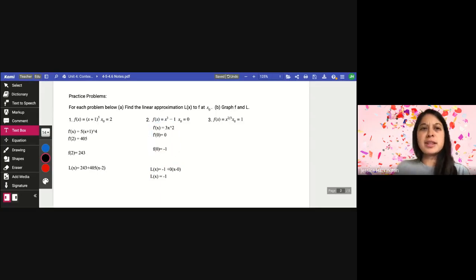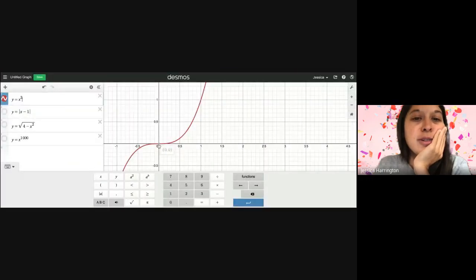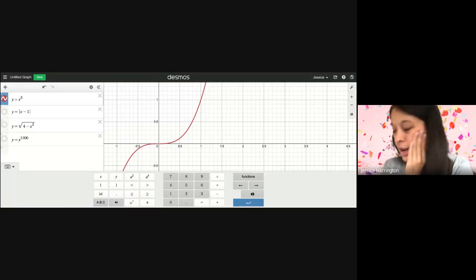So why is that? Let's come back. I'm going to go to Desmos real quick. So this is saying if we're approximating around 0, the value is always, what did we say? -1.